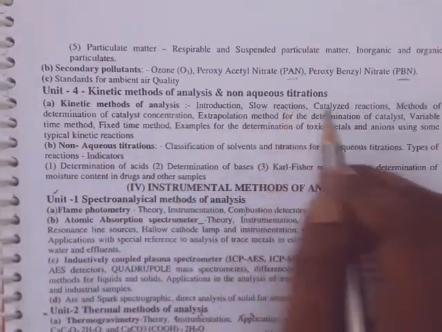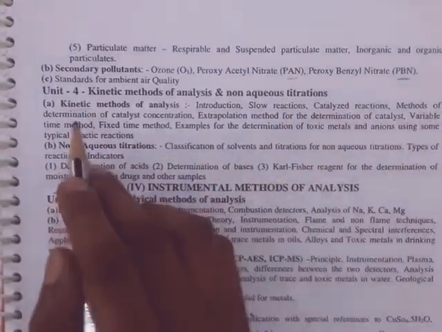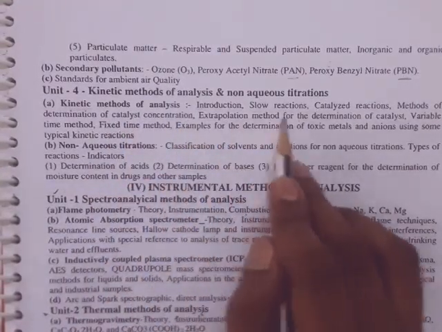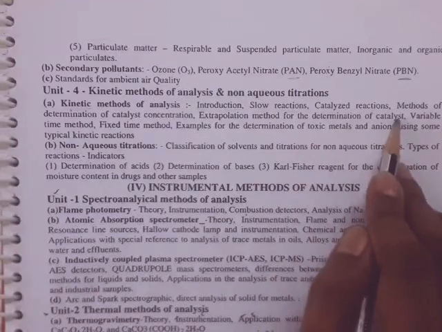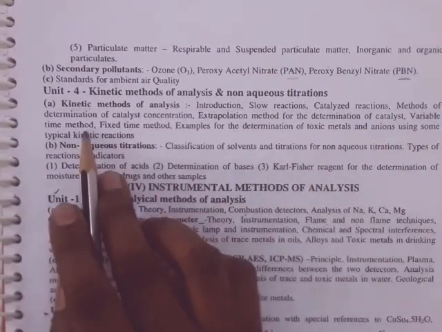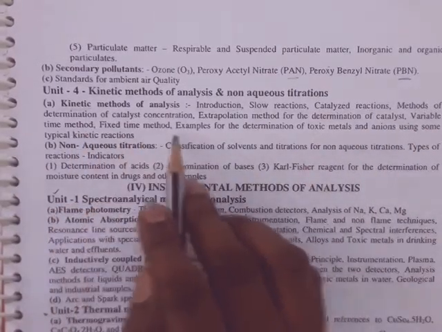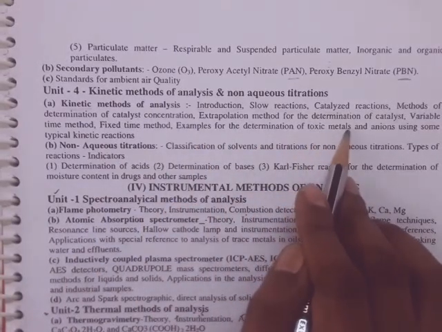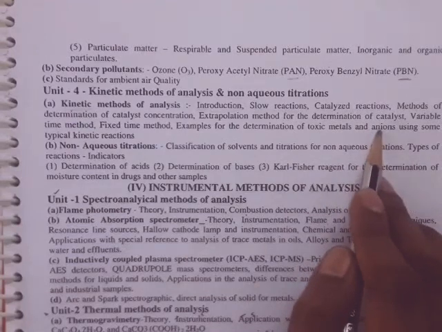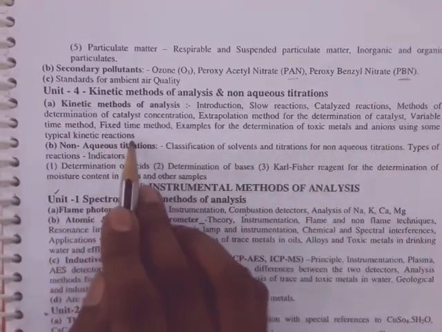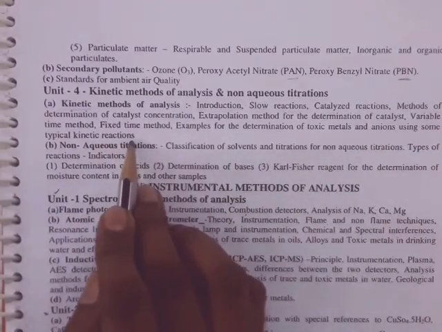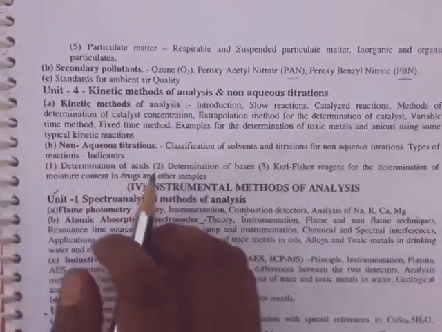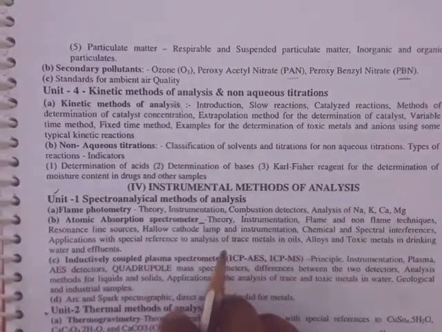So, slow reactions, catalyzed reactions, methods of determination of catalyst concentration, extrapolation method for the determination of catalyst, variable time method, fixed time method, examples for the determination of toxic metals and anions using some typical kinetic reactions. So this is the first part which is inserted under unit 4.